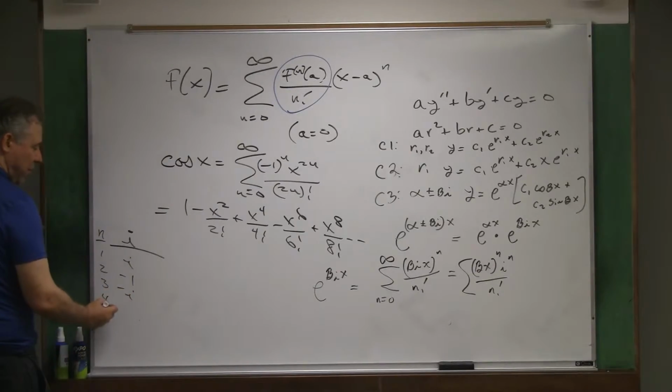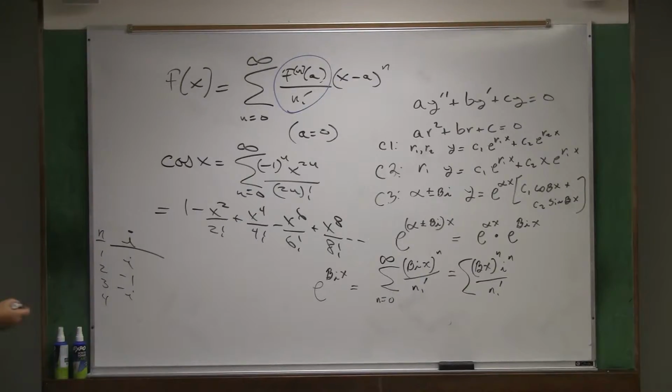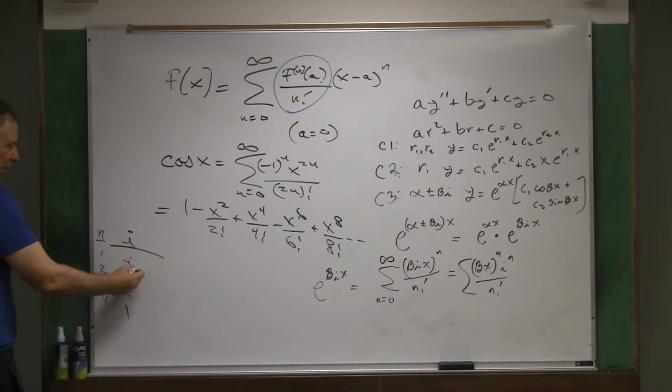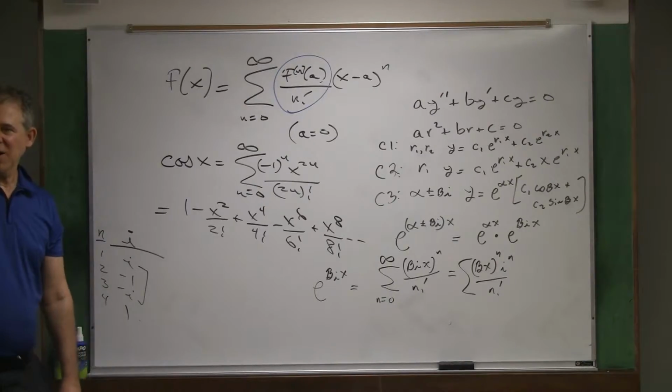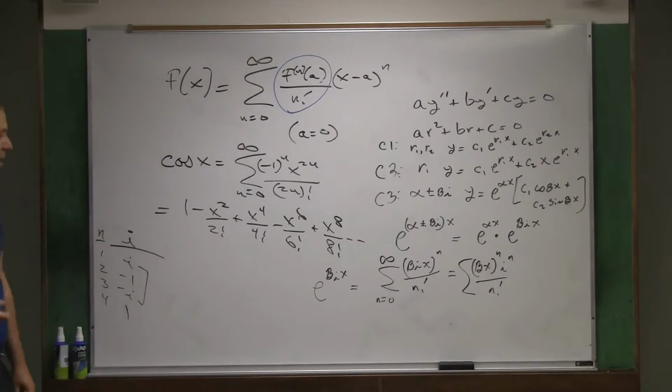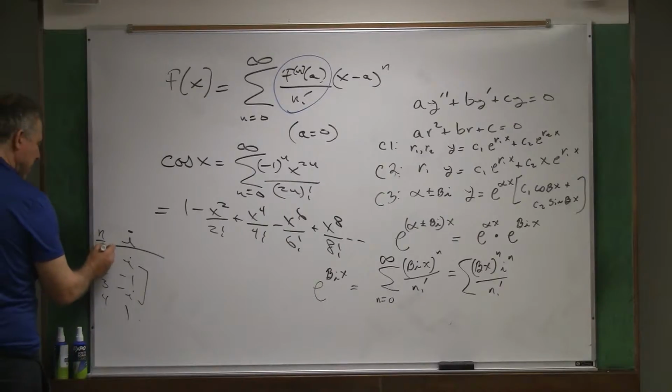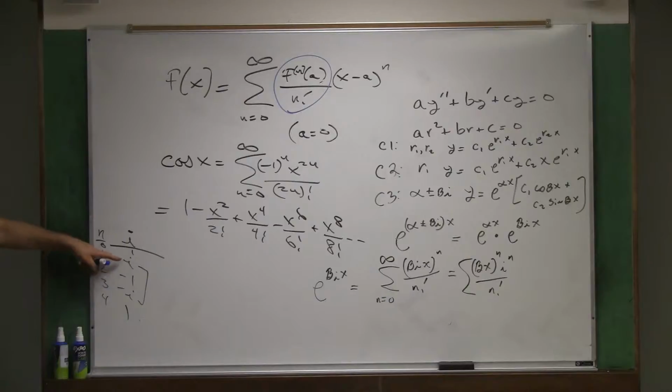But when it's 4, i to the 4th is back to 1. So on the odds, it's alternating with i and minus i, and on the evens, it's alternating with -1 and 1. And at 0, i to the 0 is just 1. So it's going 1, -1, 1.